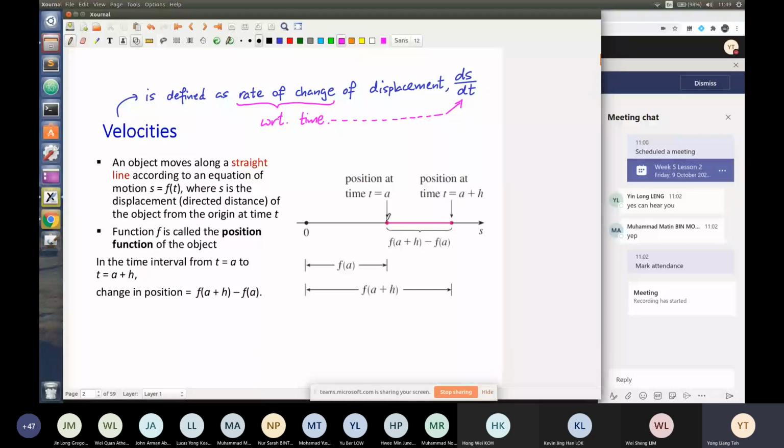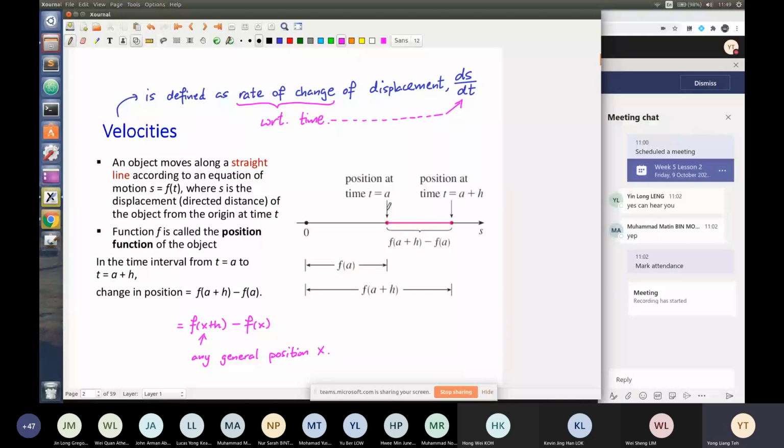Okay, so change in position generally will be given by f of x plus h minus f of x. Okay, of course, x can be any general position x.